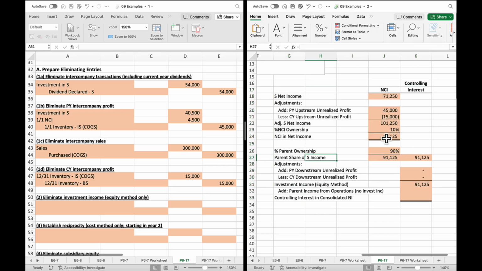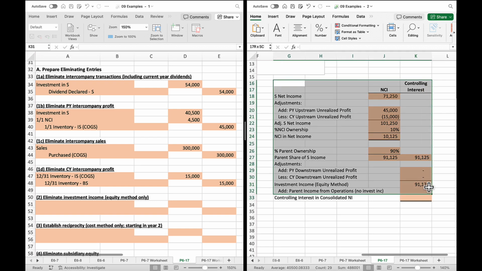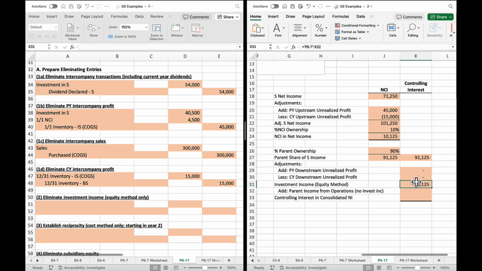But the calculation of the non-controlling interest in net income and the calculation of the equity method income are the same. We've actually already calculated the equity method income, but if we had been doing this problem from scratch, this is when we would have needed to calculate all of this to figure out what the equity method income that our parent recorded was.